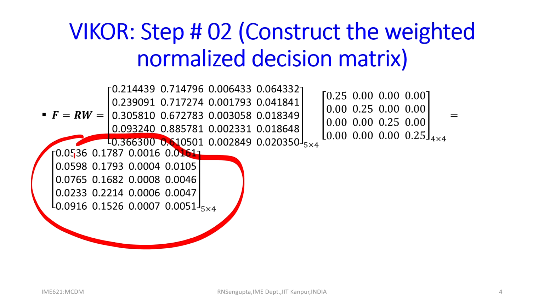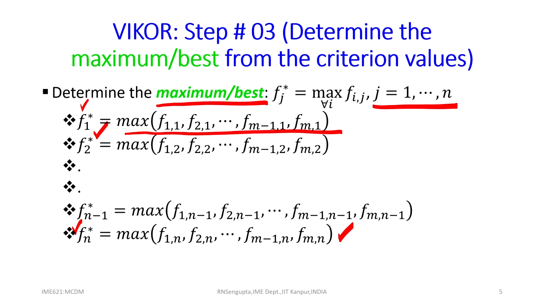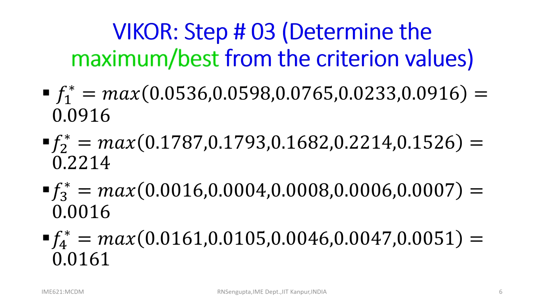So, we want to find the maximum along the first column, marked in green. If you see it here, the values, not reading the decimals, are 536, 590, 765, 233, 916.